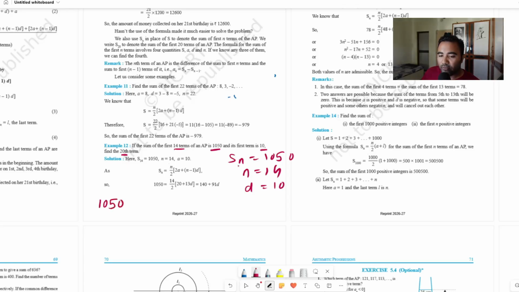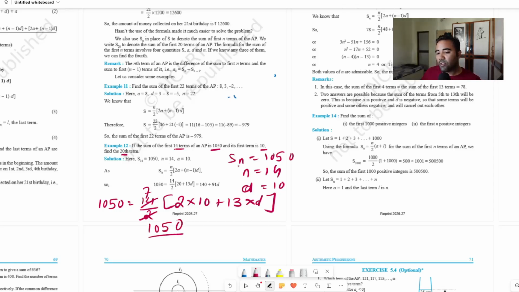So 1050 is equal to n by 2, that is 14 upon 2, into 2a plus n minus 1, 14 minus 1 is 13, into d. 2 sevens are 14, so now 1050 divided by 7 is equal to 20 plus 13d. 7 ones are 7, 7 fives are 35, so 150. 150 is equal to 20 plus 13d.